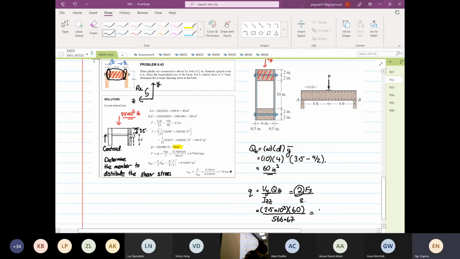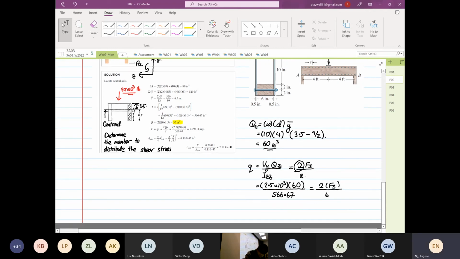So this is equal to twice Fs divided by spacing. The spacing is 6 inches. So Fs is equal to 2.5 times 10 to the power 3 times 60 times 6 divided by 566.67 divided by 2.